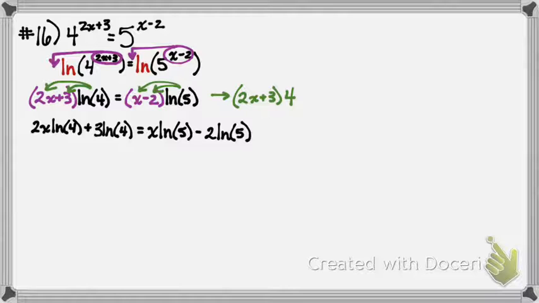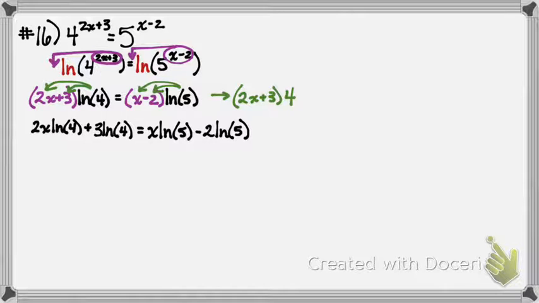What's the goal in the problem? Find x. Where is x right now? On both sides. If I'm going to find x, do I want it on two separate sides? So how do I get them to the same side?